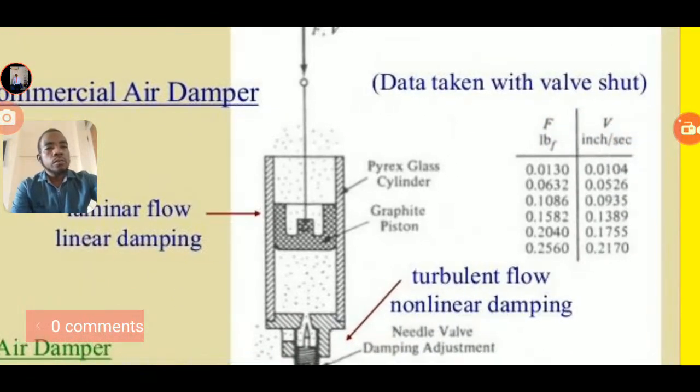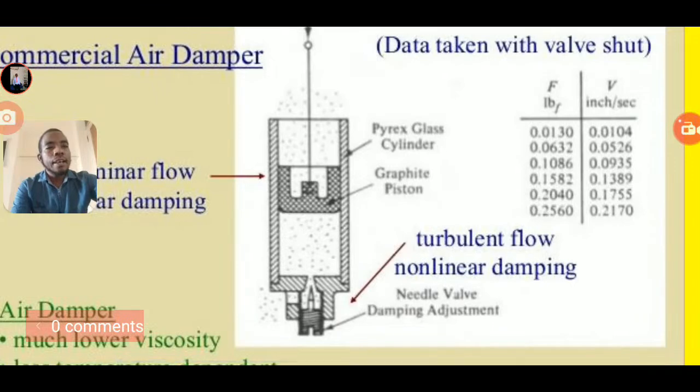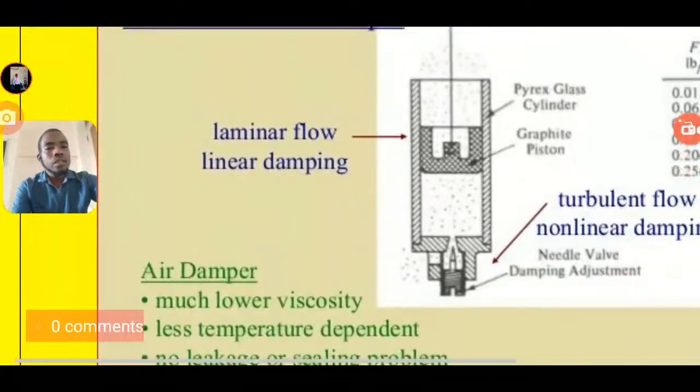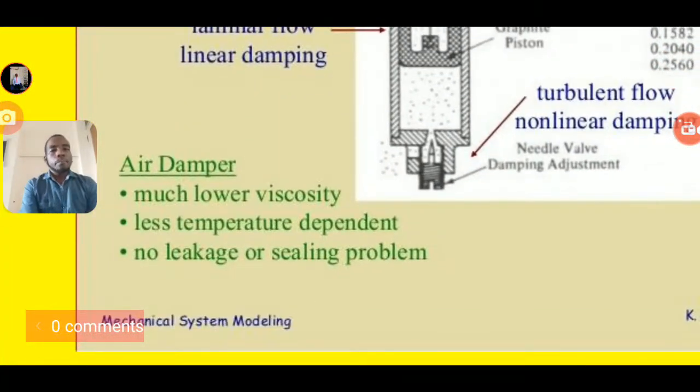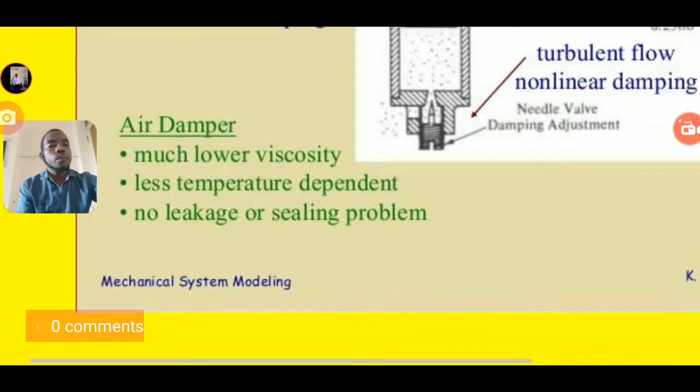Like this we can see, and this is the data taken, using the equations. So the air damper has much lower viscosity and is less temperature dependent, and there is no leakage or sealing problem.